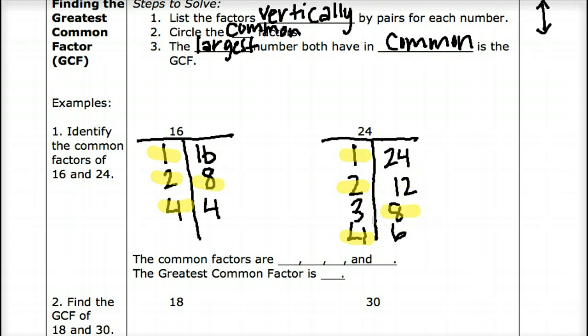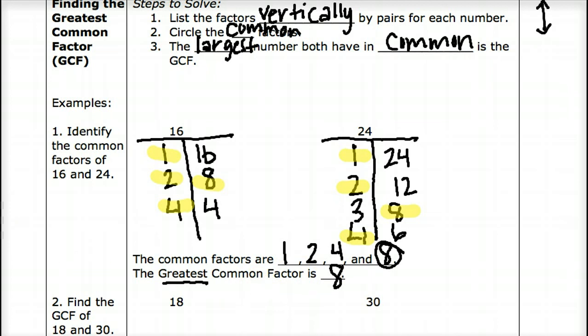So we know that the common factors of 16 and 24 are 1, 2, 4, and 8. But of those common factors, our greatest common factor is 8, because it is the biggest number.